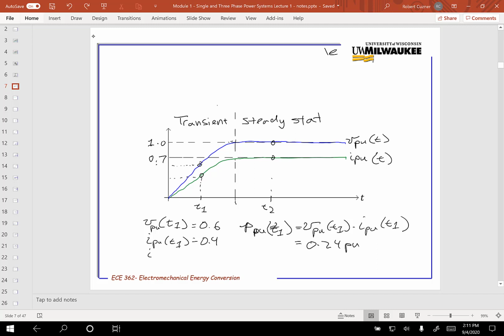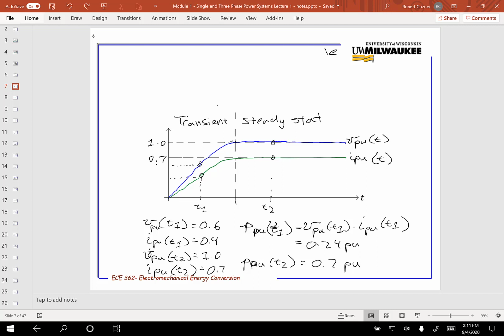So VPU at T2 is 1.0 and IPU at T2 is 0.7, and the per unit power at T2 ends up being 0.7 per unit. So as far as scalar goes, it really doesn't matter whether you're in a transient mode or you're in a steady state mode.